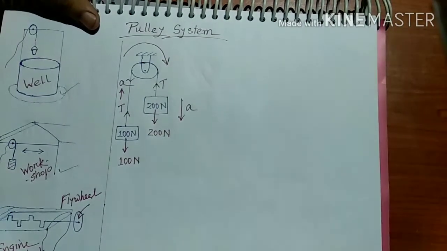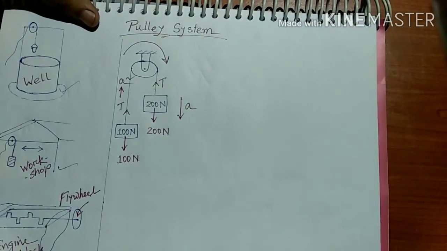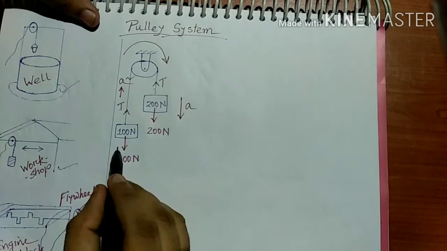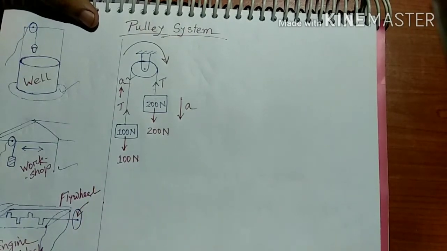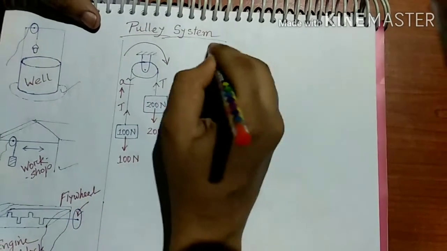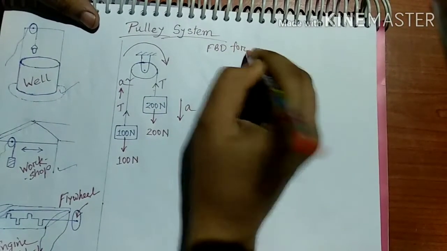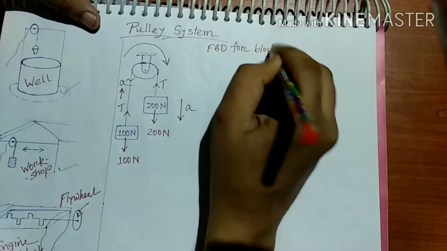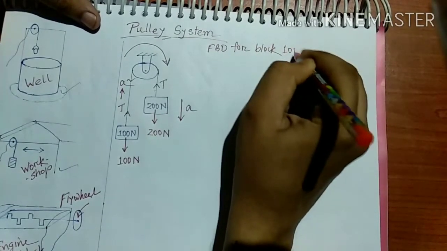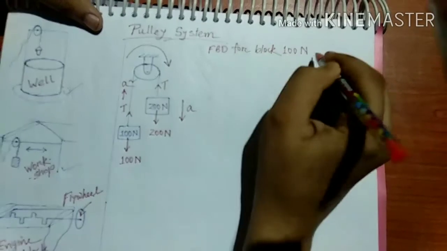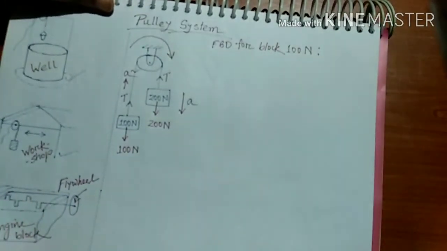let me draw the free body diagram for the block weighing 100 Newton. Okay, so FBD, free body for block 100 Newton.